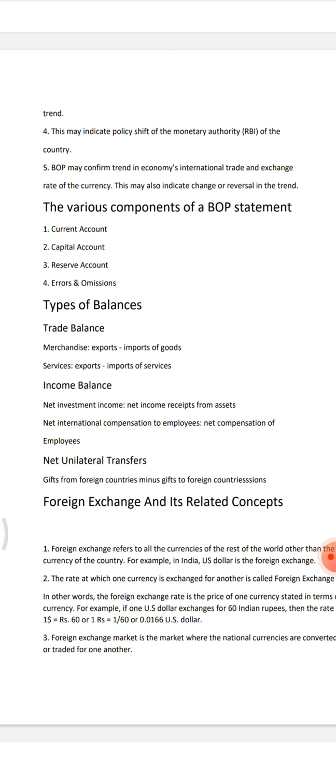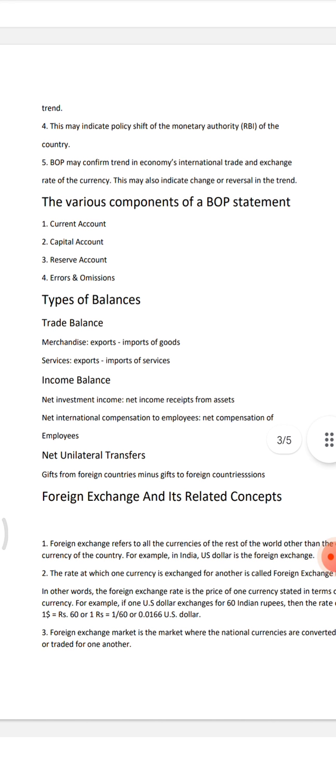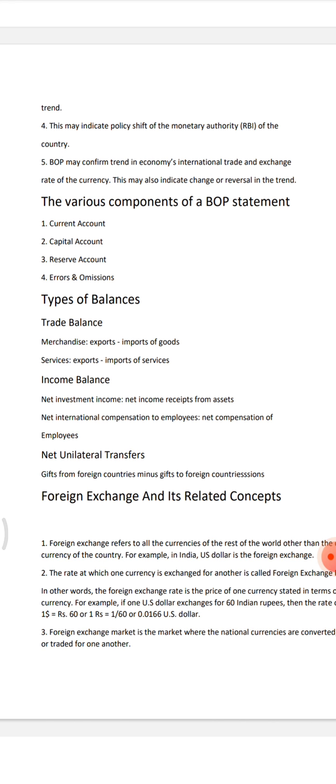Balance of payment on current account refers to the inclusion of three balances, namely merchandise balance, service balance, and unilateral transfer balance. As you can see, the types of balances are written after the components, but they will be included under the current account.